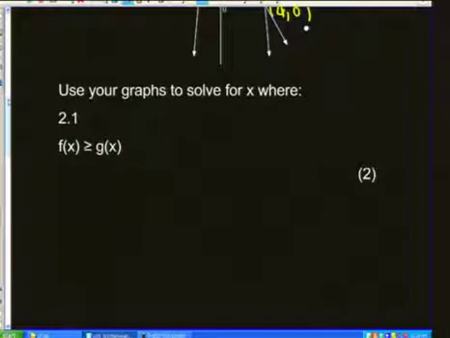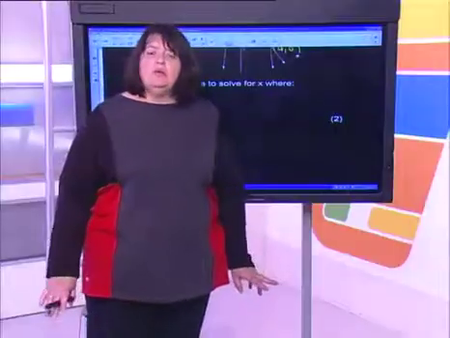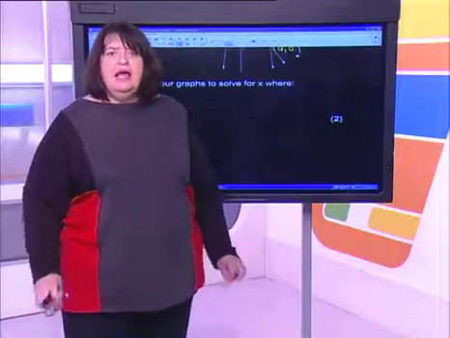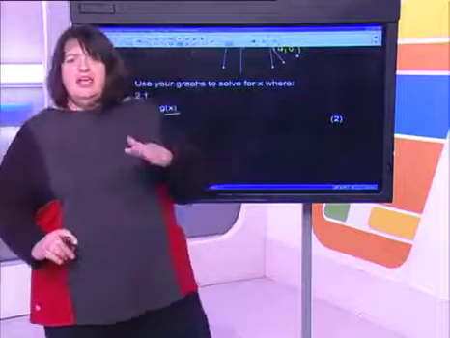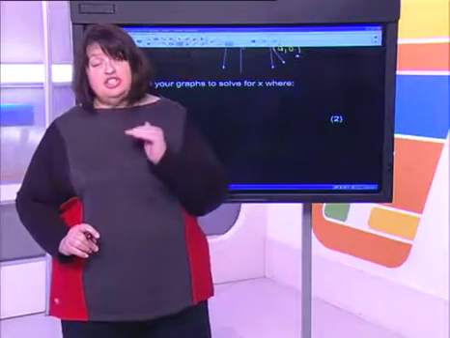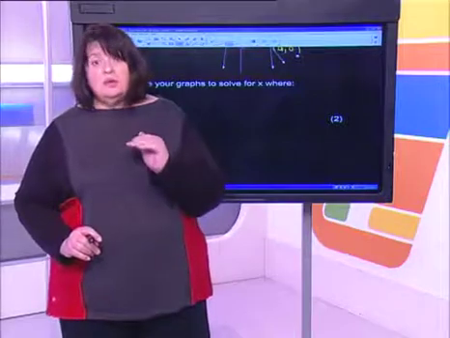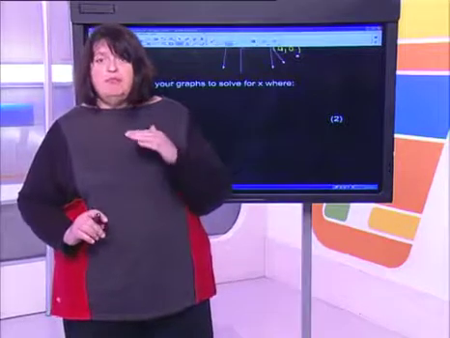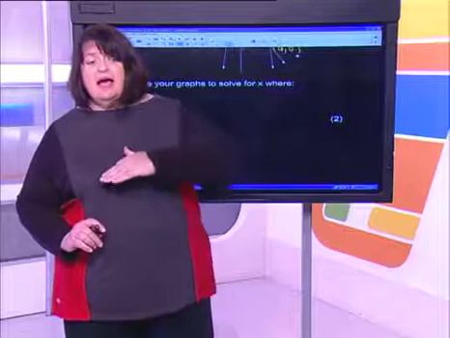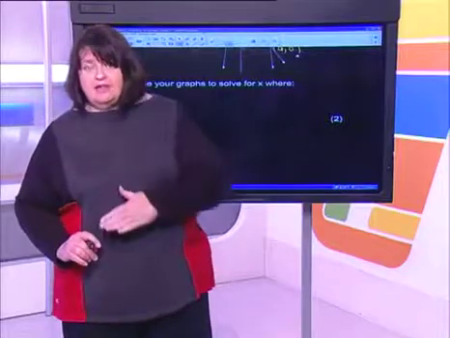And the question says, use your graph to solve for x where f of x is greater than or equal to g of x. Now, what that means in terms of graphs is that the f graph must be above the g graph or equal to the g graph. Now, above in terms of a graph means higher on the y-axis than the other graph.